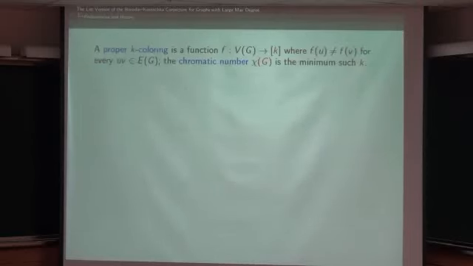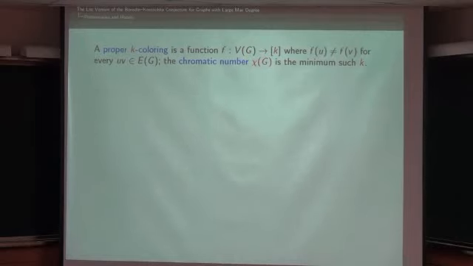So let's get into coloring. A proper K coloring is a function where you assign each vertex some color from between 1 to K, and when you look at every edge, the colors of the endpoints of that edge must be different.